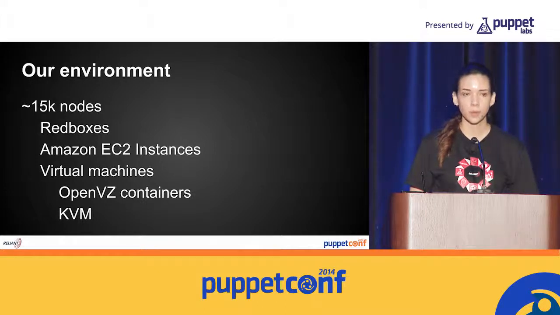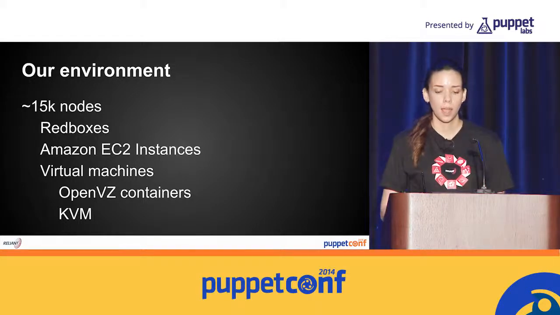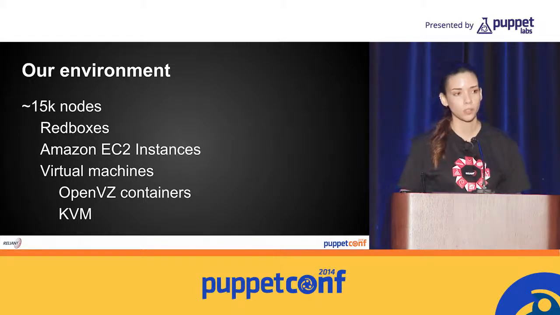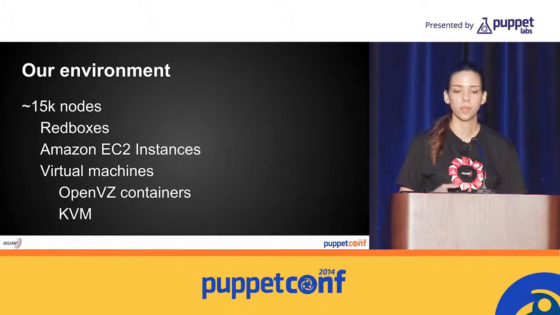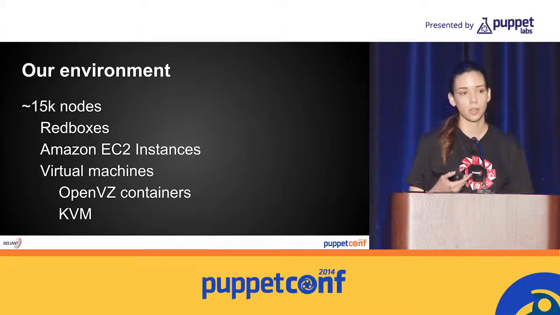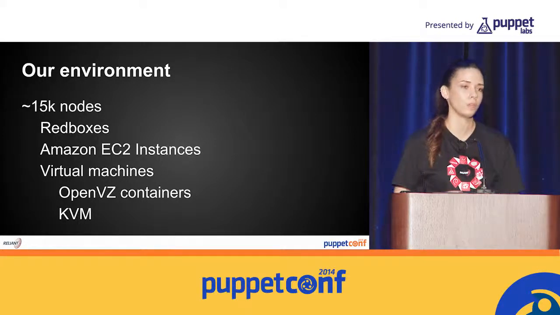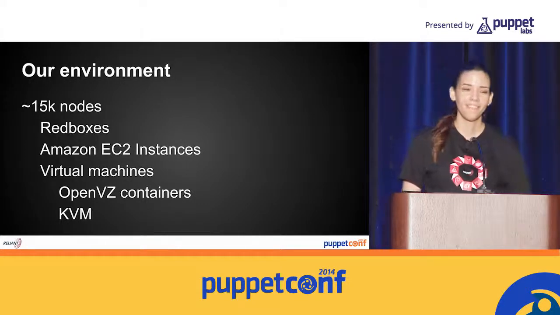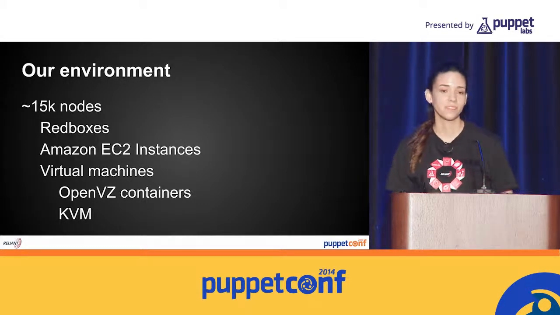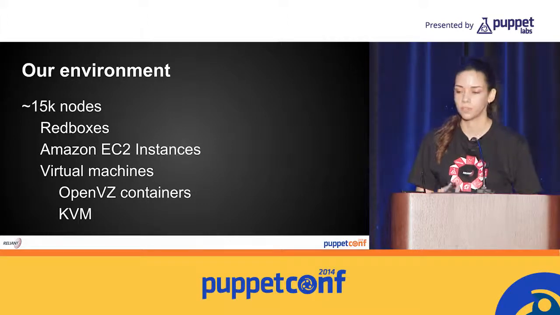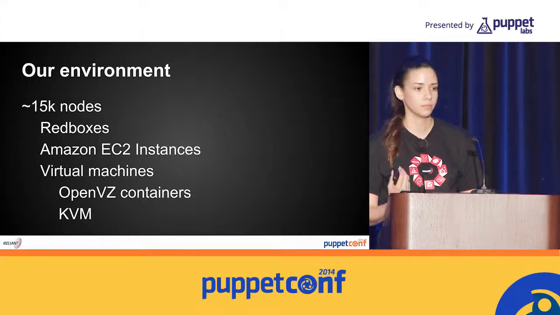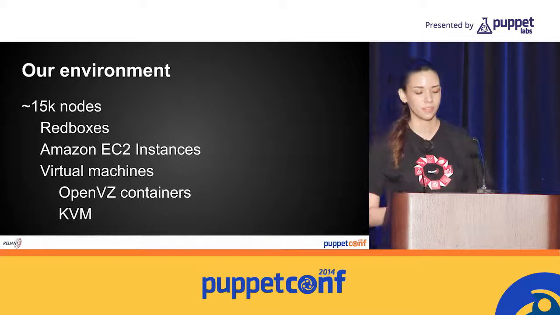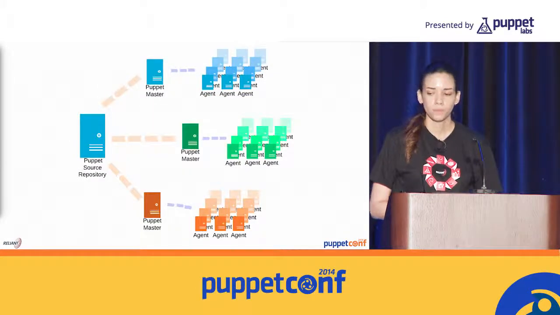This appliance that we call Redbox runs Debian, and we manage all the store applications inside KVM machines and OpenVZ containers. We also have some instances in Amazon EC2 as some background servers.